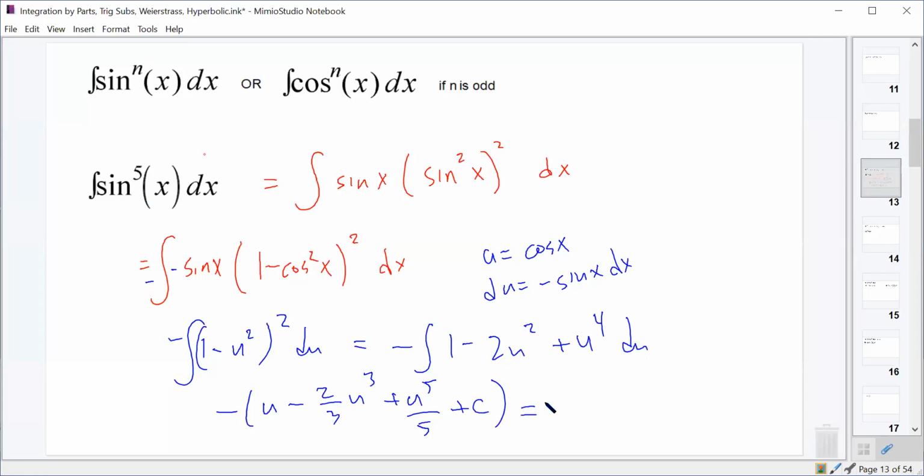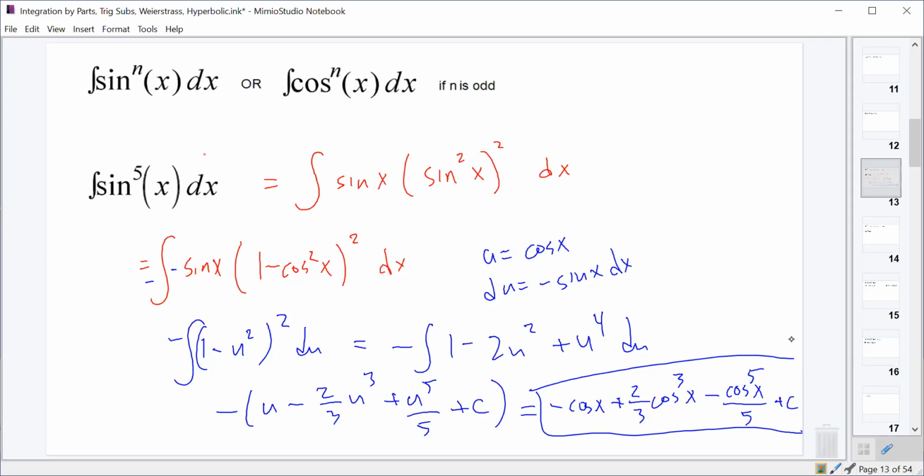And if we distribute the minus sign through, we can do that if we want, or we don't have to, but replace the u's: negative cosine x plus 2/3 cosine cubed x minus cosine to the fifth of x over 5, and minus a constant is the same as plus a constant. We'll just write plus c. Everybody good with that?